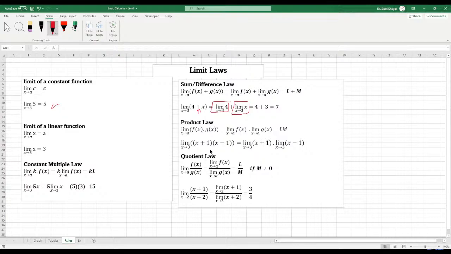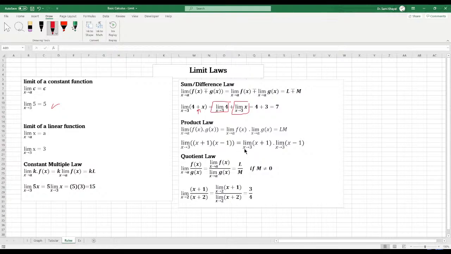Now, example. The limit of x approaching 3 of, open parenthesis, x plus 1 times x minus 1. Of course, you can multiply it here and follow the rule here. But we want to apply the product rule.